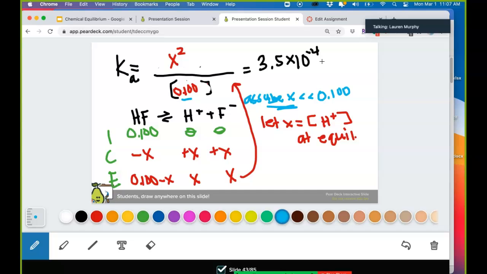So how do I solve for X? I multiply both sides by 0.1. That gets rid of it down here. And then I take the square root. And my X ends up being, I'll wait for you guys to do it.